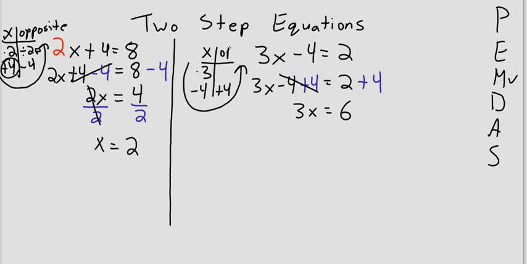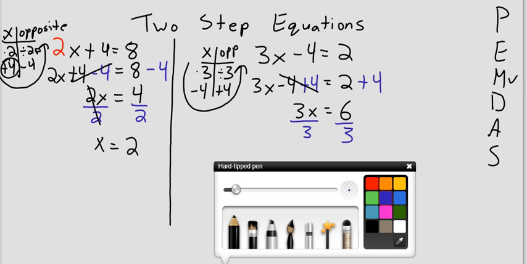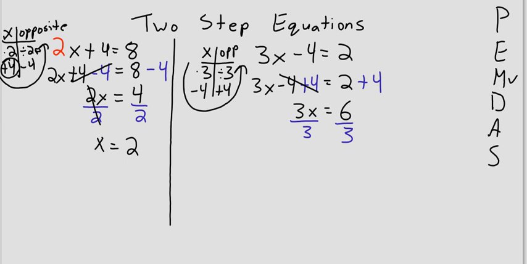The next thing we need to do, opposite, is divide by 3. So we're going to divide by 3 on both sides. And the 3's will cancel. I'm left with 1x. And 6 divided by 3 gives us, once again, 2.